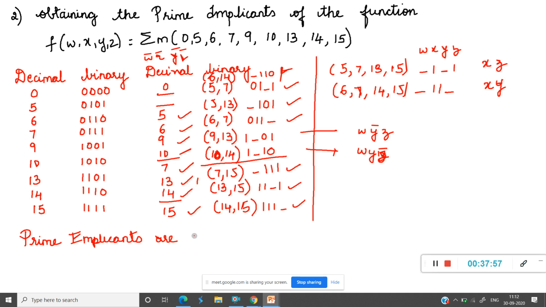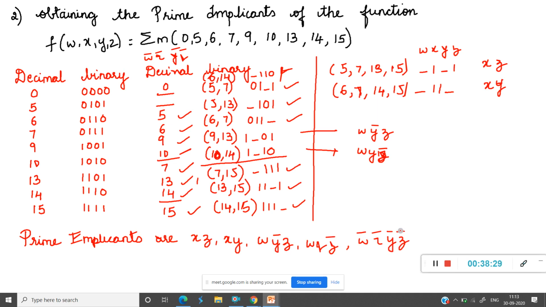So I'll just write it once again. X, Z, comma, X, Y, comma, W, Y bar, Z, comma, W, Y, Z bar, comma, W bar, X bar, Y bar, Z bar.